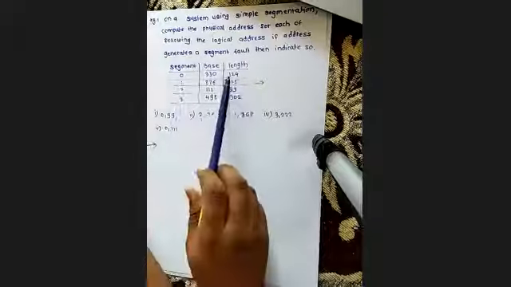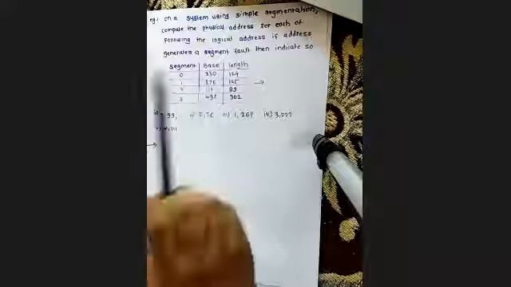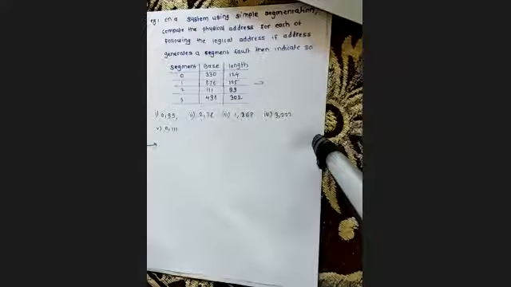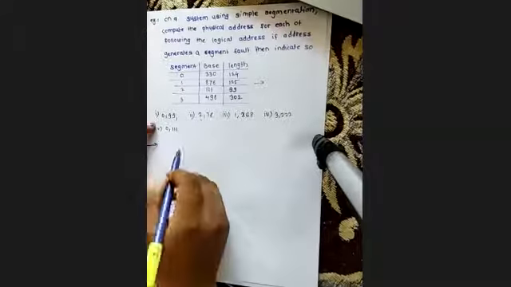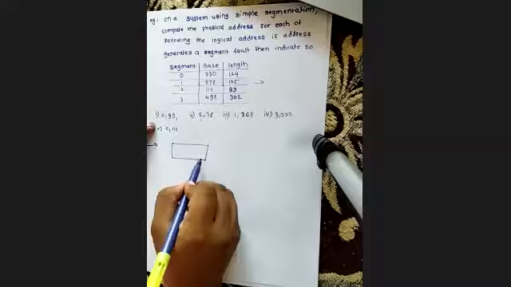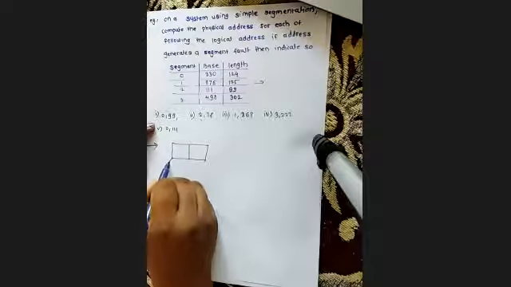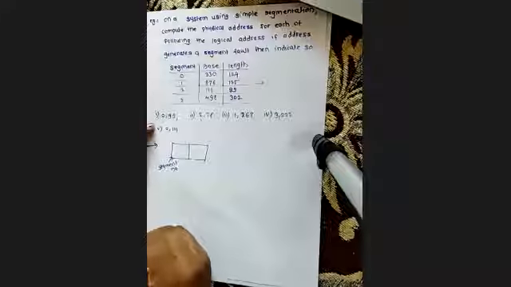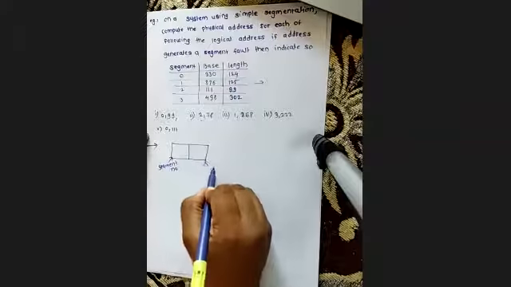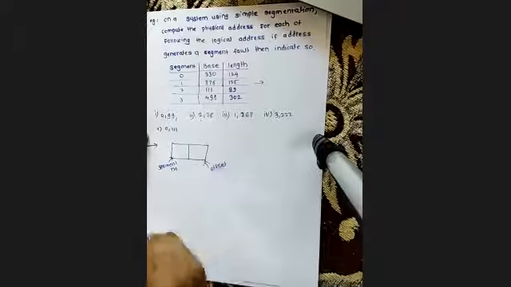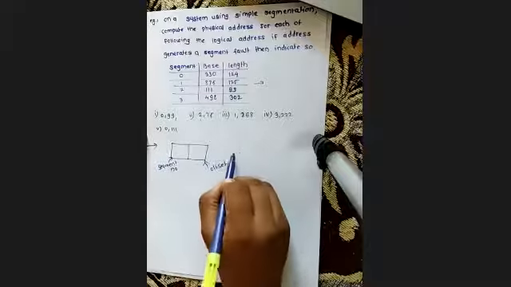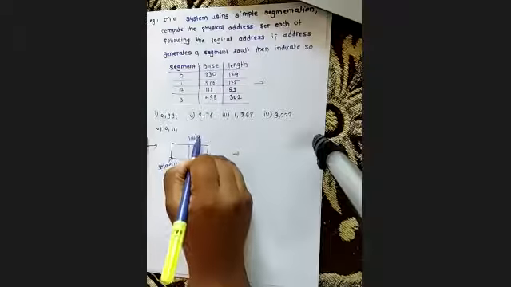This length will work as a limit, because it runs from here to here. Now, what is the offset? We know this is the logical address. This is the logical address, in which the first partition is the segment number, and this second partition is called the segment offset, right? This is the logical address.